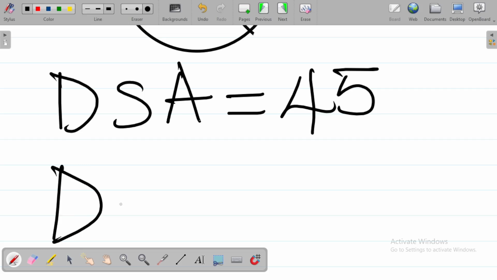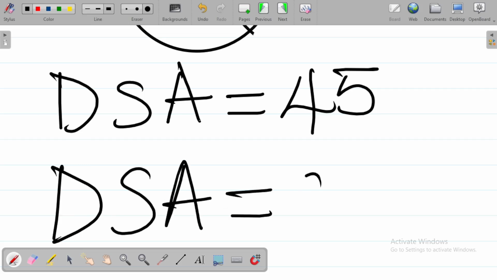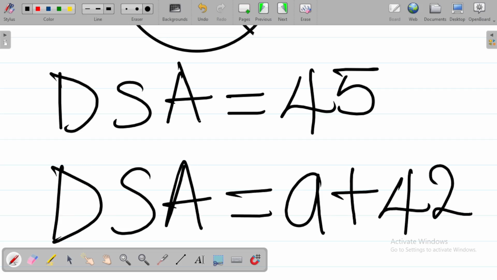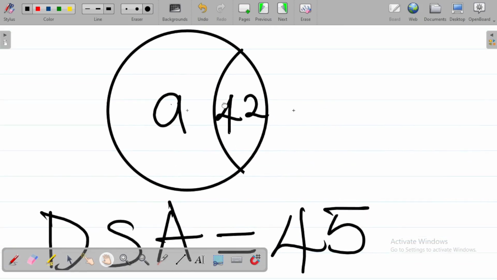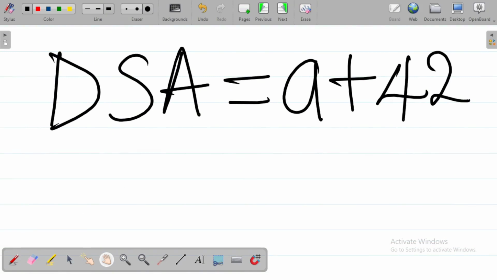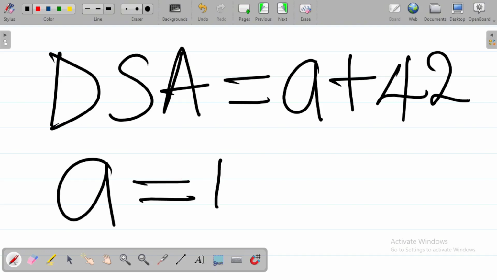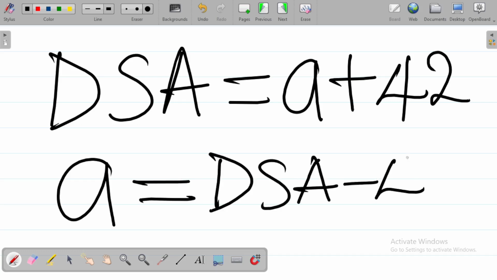Remember that DSA is the entire circle. So DSA is equal to A plus 42. And we are looking for A. So let's make A the subject formula. A is equal to DSA minus 42.